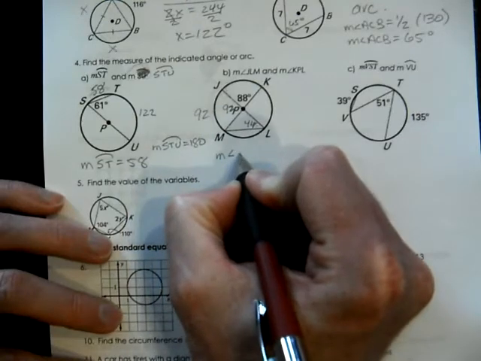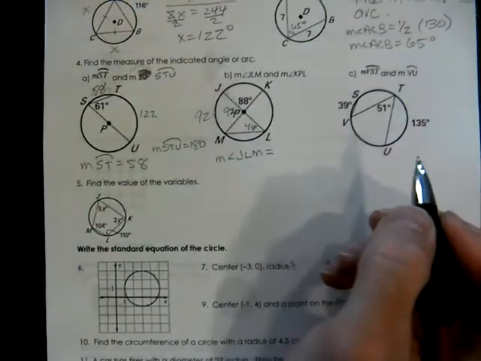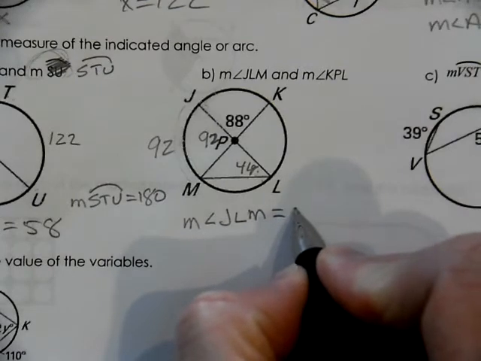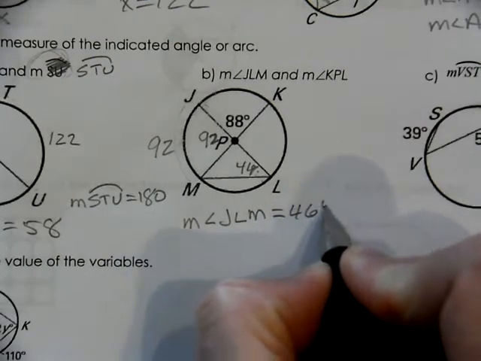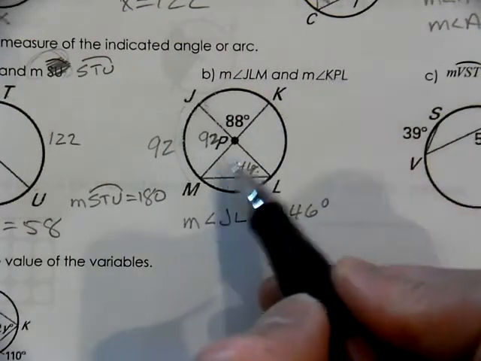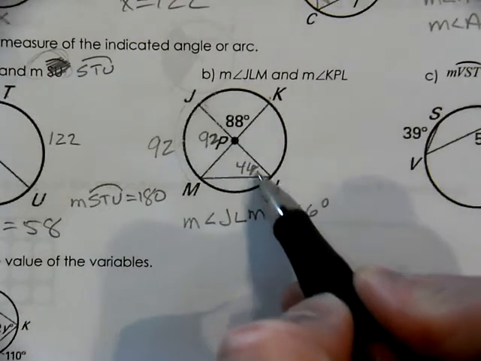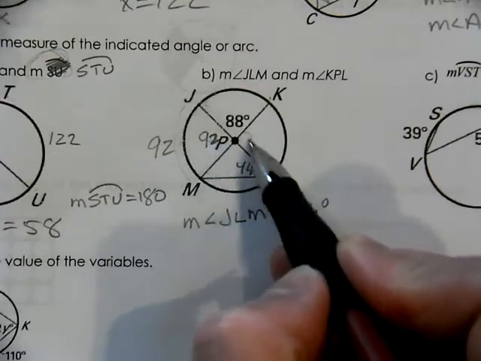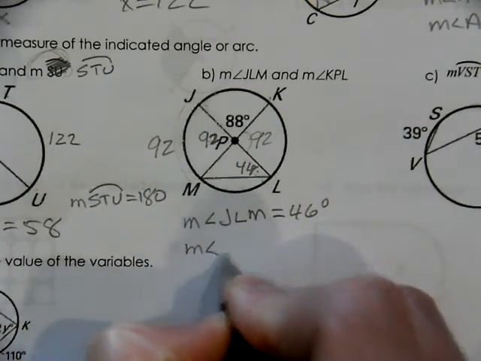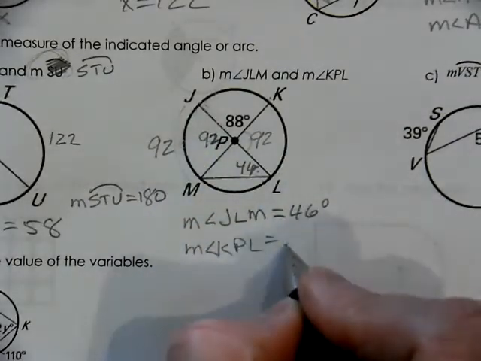So the measurement of angle JLM is going to equal 46 degrees. And then we have KPL. So this angle is going to also be 92, because they're vertical angles.